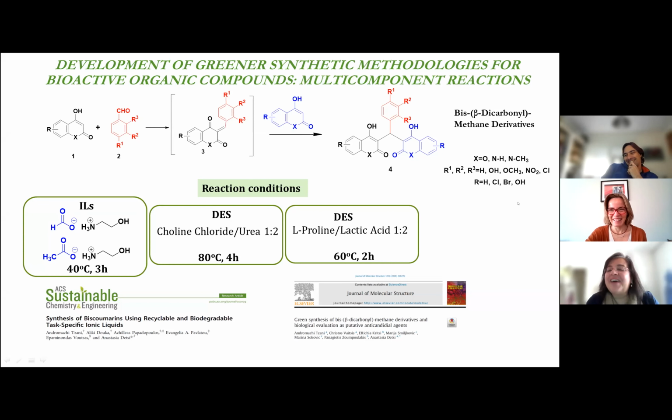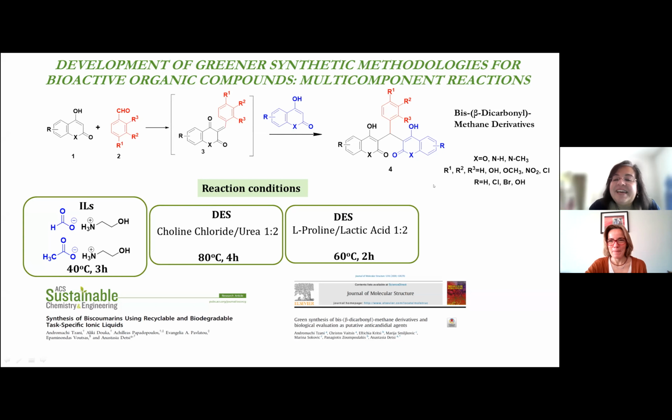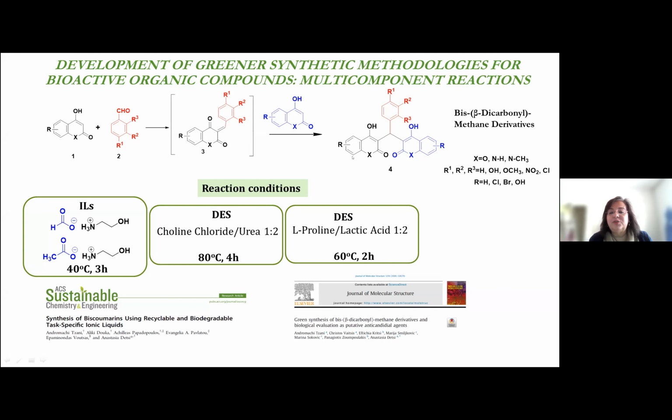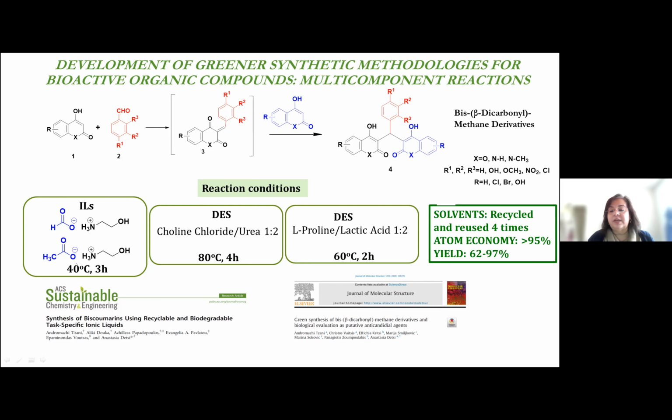So our work here was to synthesize these interesting compounds using either protic ionic liquids or deep eutectic solvents. We were gratified to see that the reaction proceeded smoothly in both cases, although a little bit better and with lower temperatures using ionic liquids.